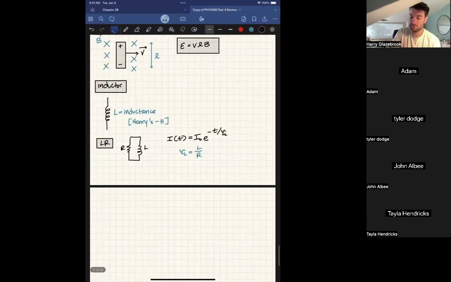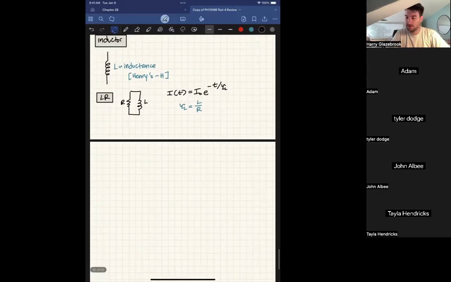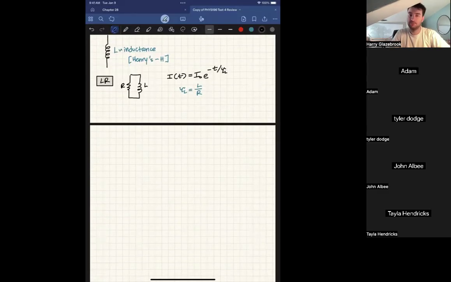That's pretty much it. When you go into class and the textbook, you'll learn a bit more about inductors. I think there's only one more thing I want to say with inductors. I did mention that they can store energy. And so similar to capacitors, you can find the energy stored in an inductor as U_L equals 1/2 L i squared, where L is the inductance in units of henries and i is the current flowing through it in units of amps.